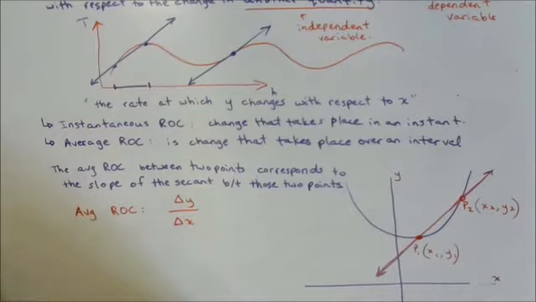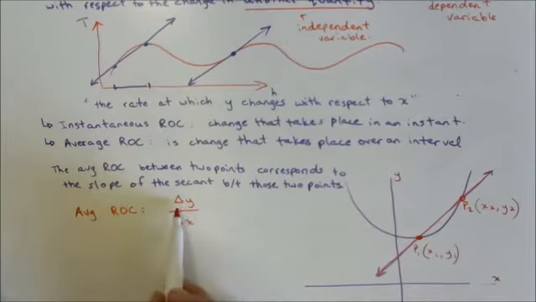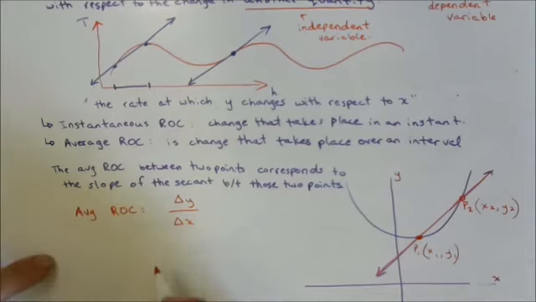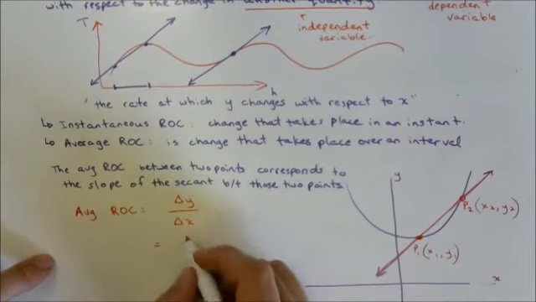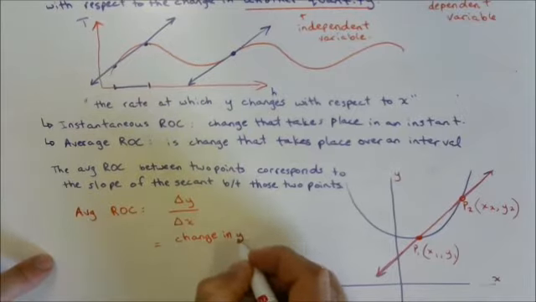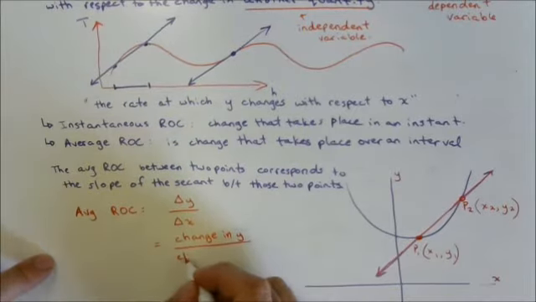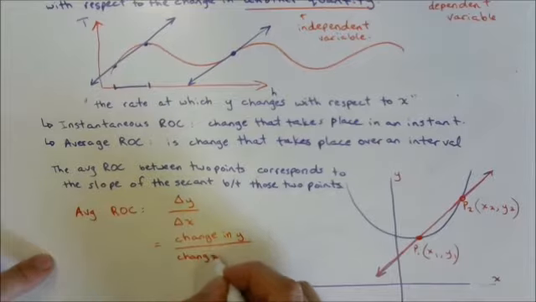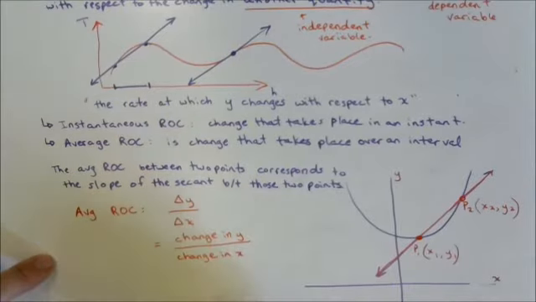Delta is just a Greek letter that means change. So it's the change or difference in y over the difference in x. That's the change in y over the change in x. It's going to start to look pretty familiar.